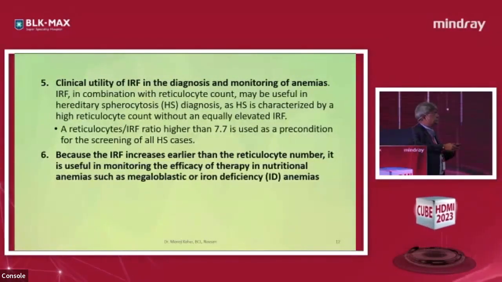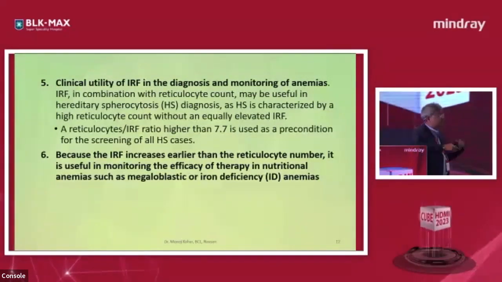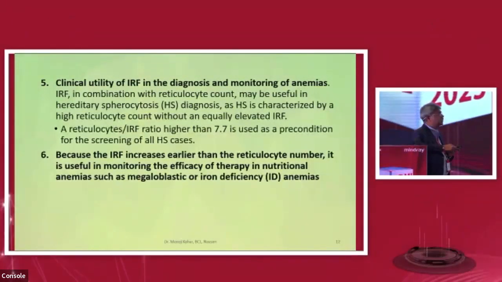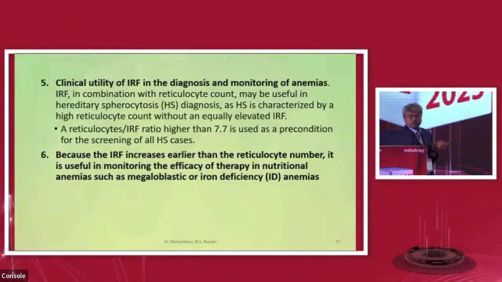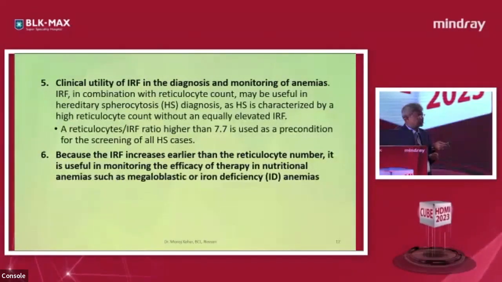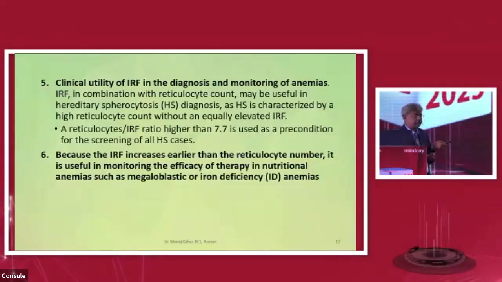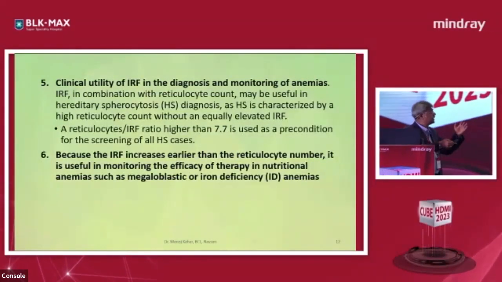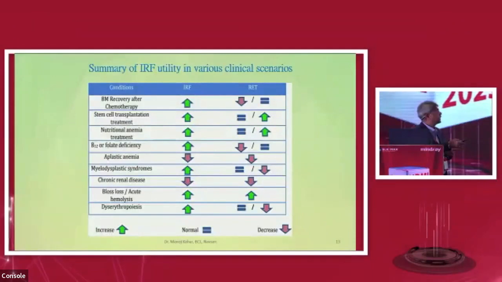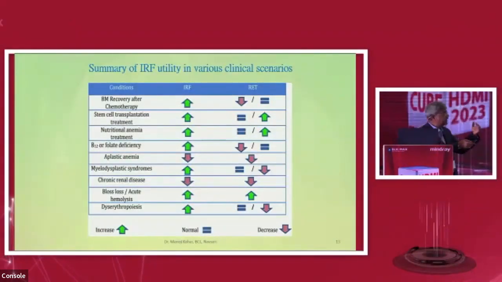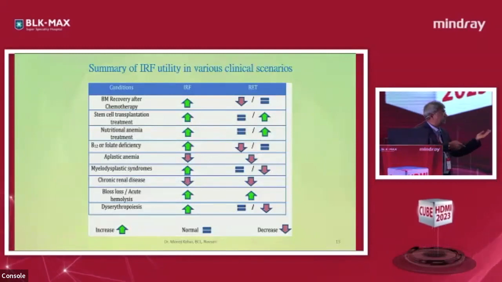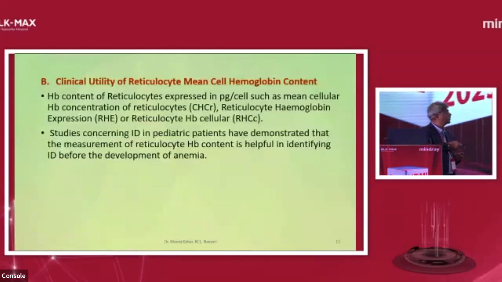And because IRF increases earlier than the reticulocyte number, it is useful in monitoring the efficacy of therapy in nutritional anemias such as megaloblastic or iron deficiency anemias. So these are all utilities of IRF. And this is a summary slide which tells us where IRF goes high and where the IRF will be low.